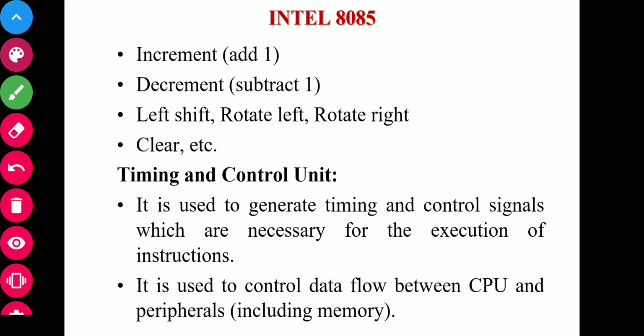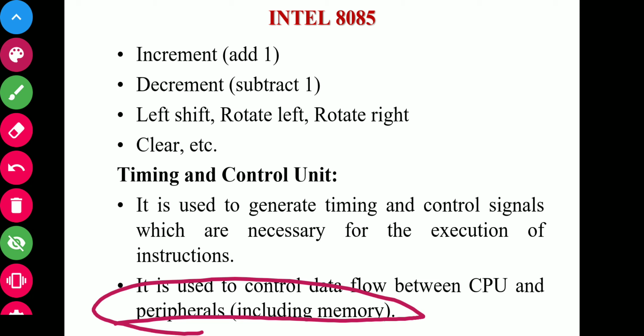The next thing is the timing and control unit. It is used to generate timing and control signals which are necessary for the execution of instructions, and it is used to control data flow between the CPU and peripherals. So what are peripherals? We said input and output devices are required. The processor alone cannot do anything, right?